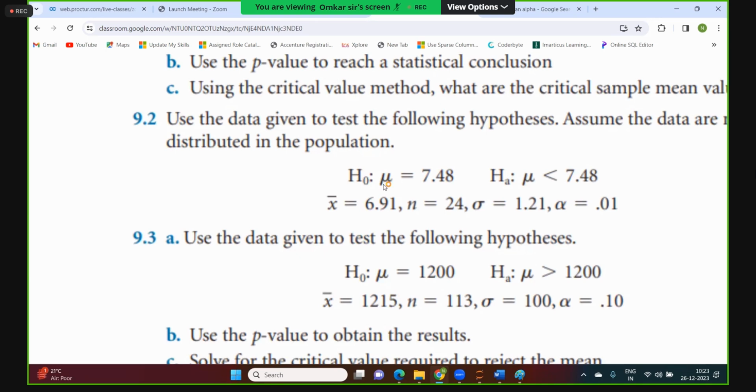Nine point two. Only the first one of 9.2.